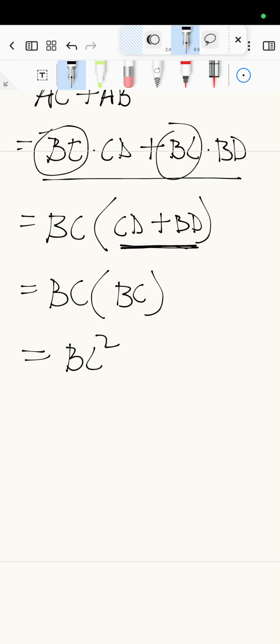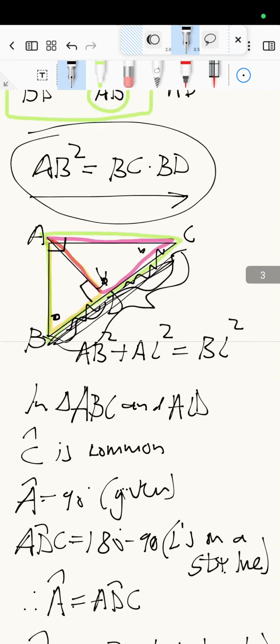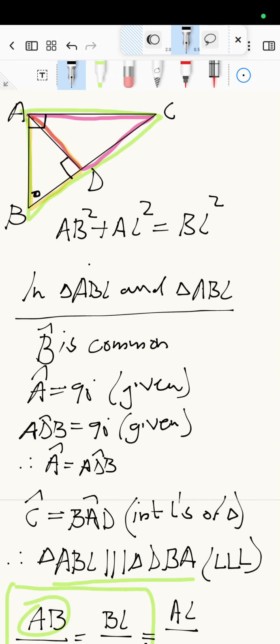So what did we do? Let's talk through the whole thing quickly. From the top, we have this big triangle, which has two smaller triangles inside of it. We want to prove similarity between the big one and both small ones. We prove similarity by proving two angles. The third one is equal because of interior angles of a triangle.